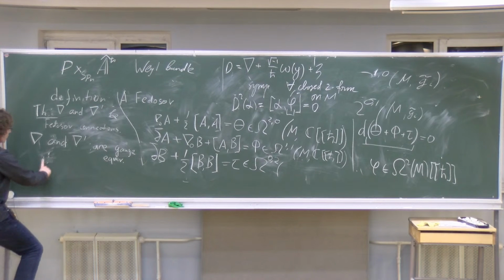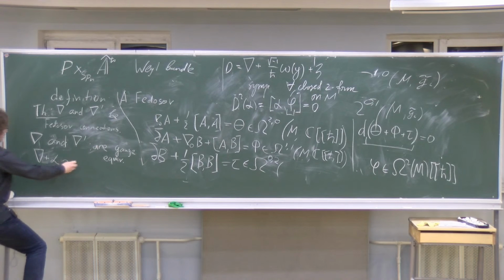But in the complex case, gauge equivalence needs to be not between nabla and nabla prime, but we can add some sort of closed differential form to one of these terms.